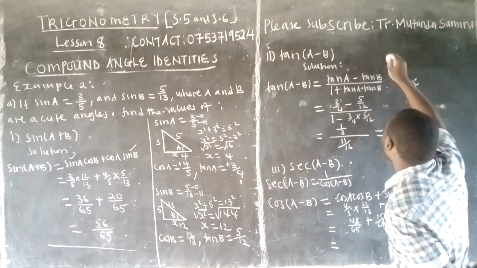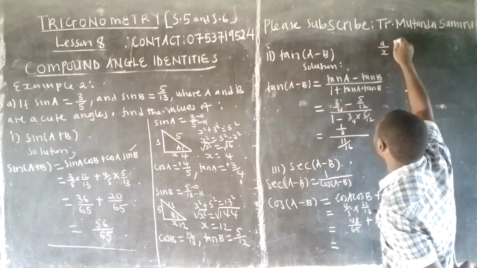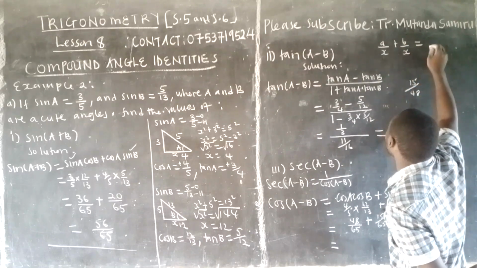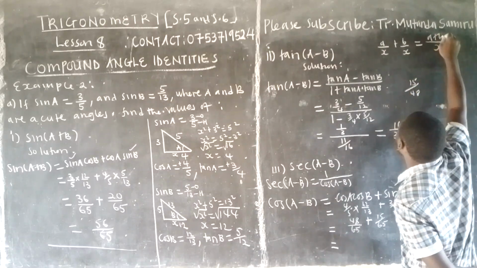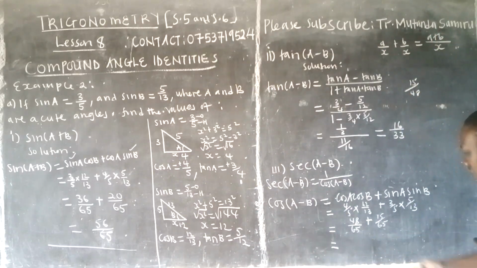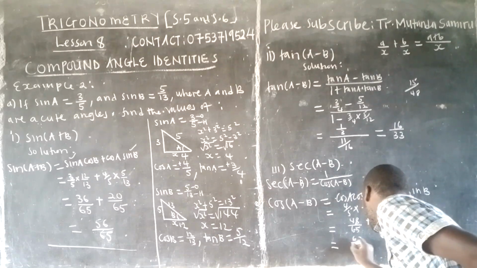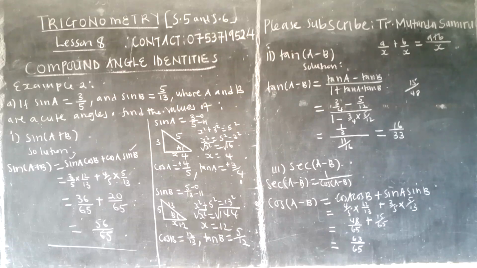What I mean is, when you have A over X plus B over X, you can just keep X there, then add the other ones up, A plus B. That will now be 48 plus 15, which is 63. So that is now 63 over 65.